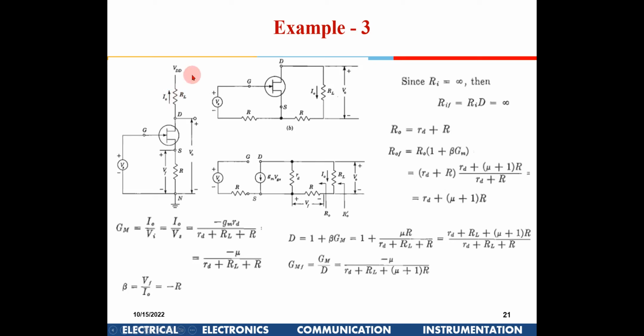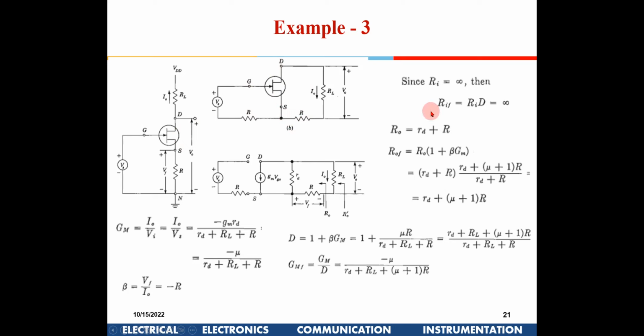Now from the output point of view, I am removing this voltage source here, but still this resistance will be there in this full path. So this R is going to come here also, right? Now this is the equivalence. From here to here, you get an equivalent circuit.